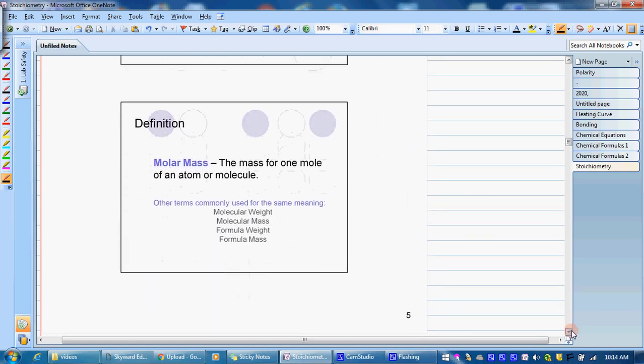So if we look here, molar mass is going to be the mass of 1 mole of an atom or molecule. Again, here's all the different terms that are interchangeable with that. So for example, if we're trying to find the molar mass of water, we're going to look at our periodic table. Hydrogen has a mass of 1.0. Always use 1 decimal place.